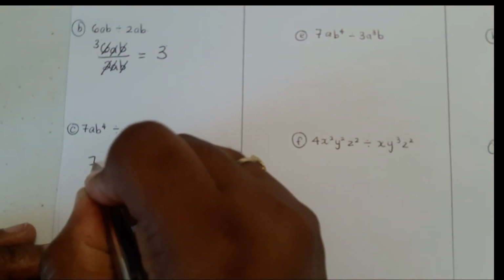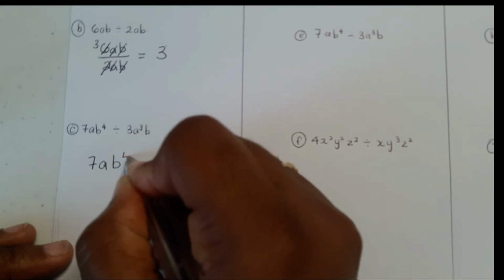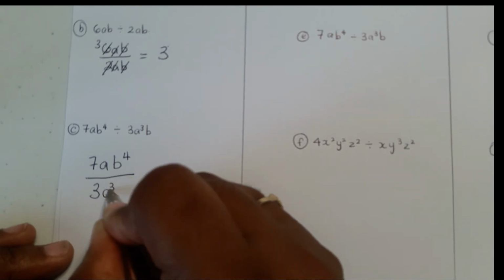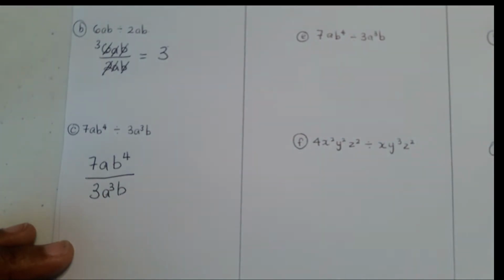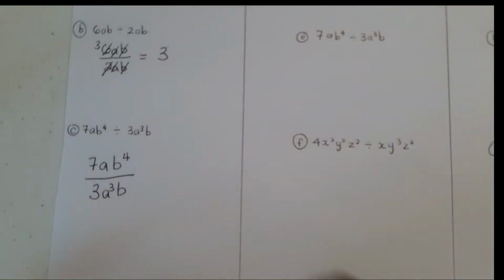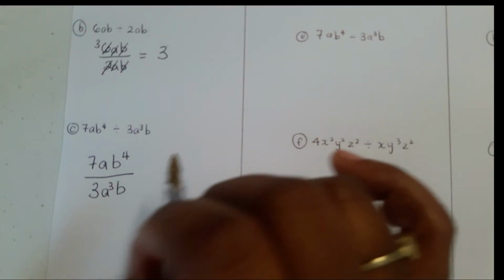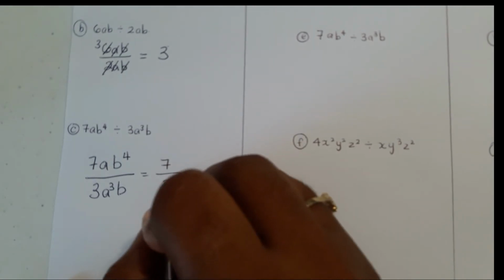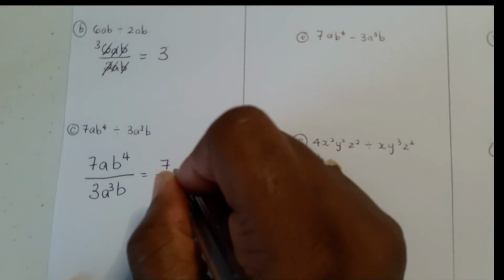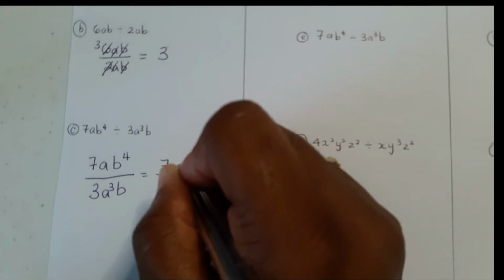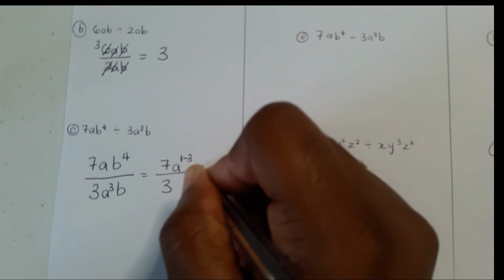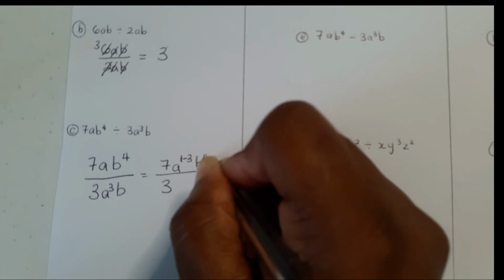Here we have 7ab to the 4th over 3a cubed b. This is just simple, very simple. You just subtract. So you would have 7 over 3, and then you have a to the 1 minus 3, and b to the 4 minus 1.